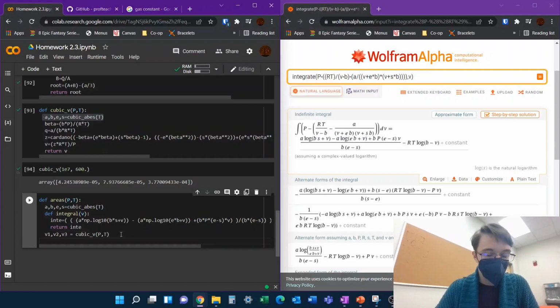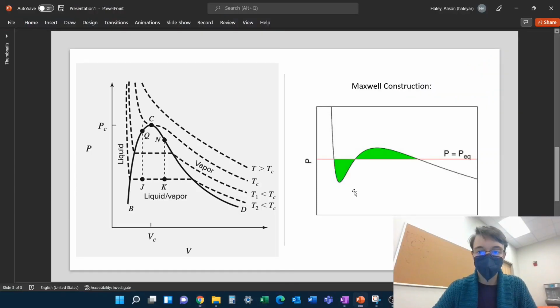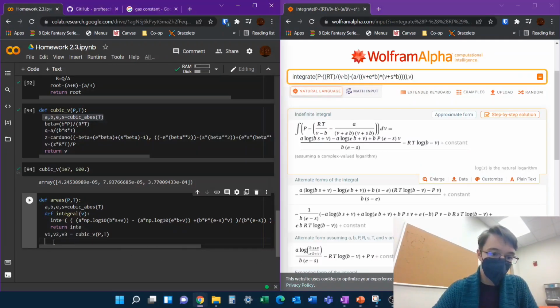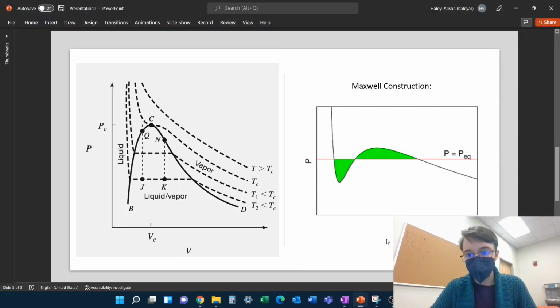Okay. Now we're going to want to use this integral function to find this area and that area. So we can call this the left area and the right area. So let's do that. So left is equal to, remember we're going to want to take the integral at this point minus the integral at that point.